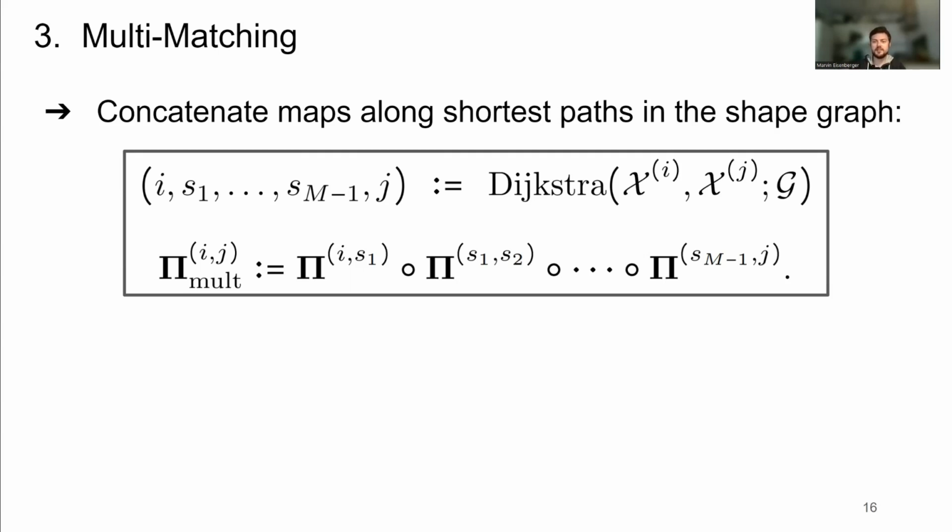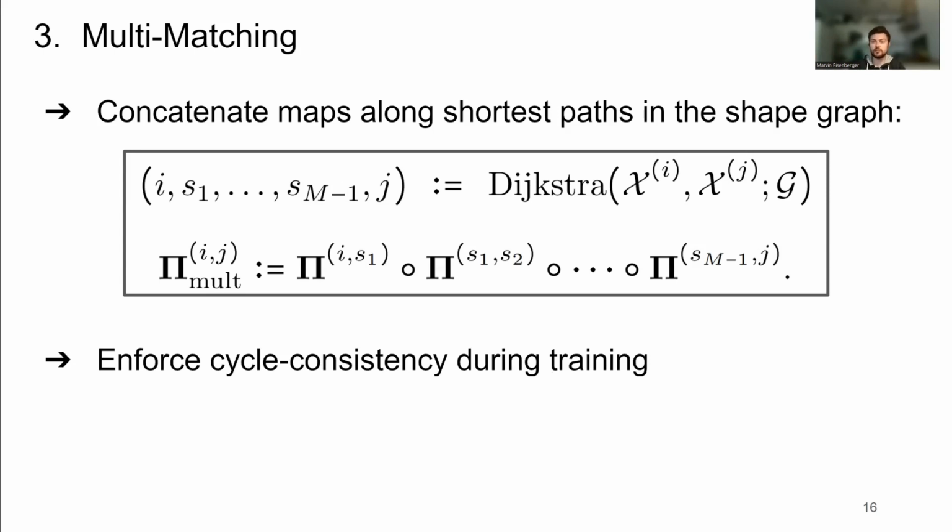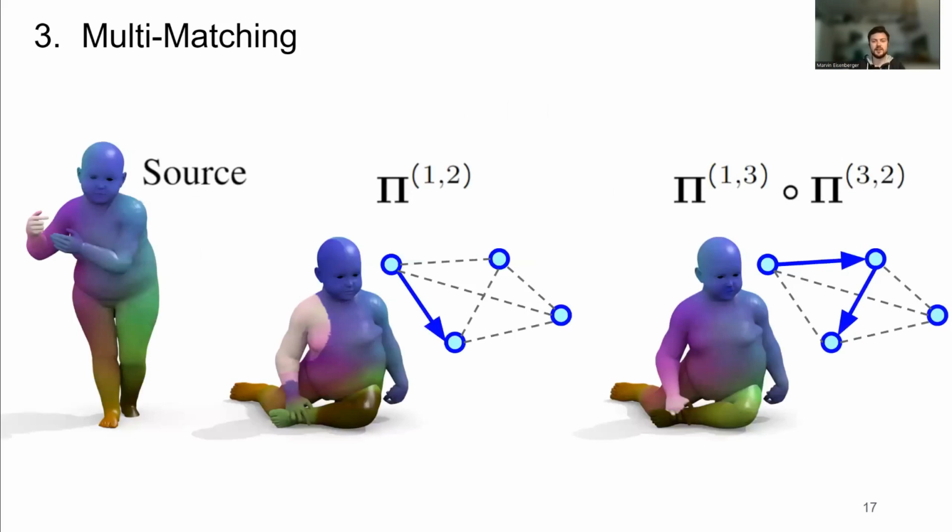And again, this means that usually edges along this shape graph tend to correspond to very accurate pairwise matches. And by concatenating matches along the shortest paths, we end up with very accurate multi-shape correspondences. During training, we will enforce cycle consistency, and I will cover this in a second.